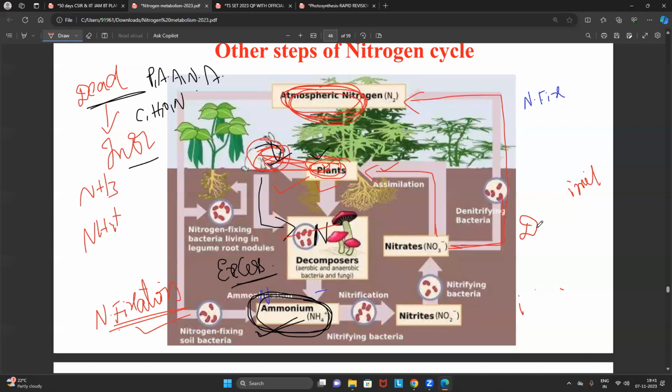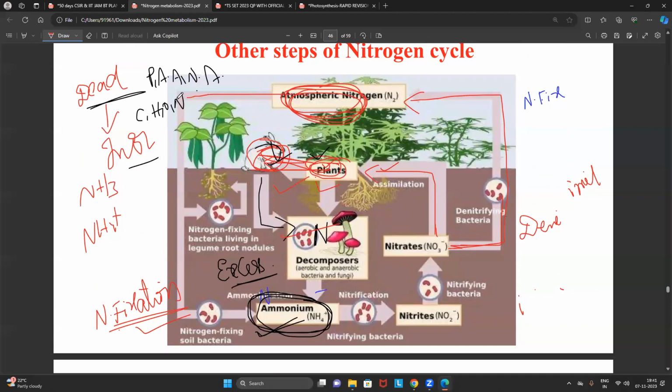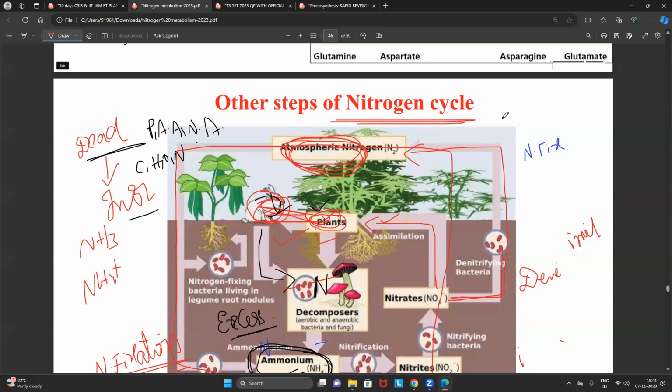That is called denitrification. So what you can understand by this slide is the cyclic movement of the nitrogen from one trophic level to another trophic level throughout the ecosystem. That's what we exactly call a nitrogen cycle.